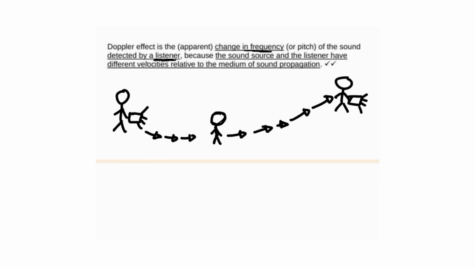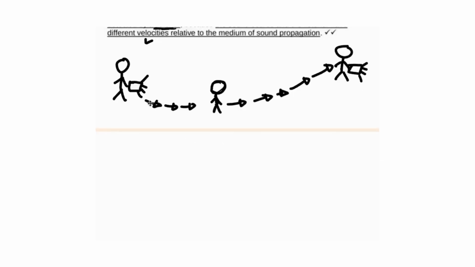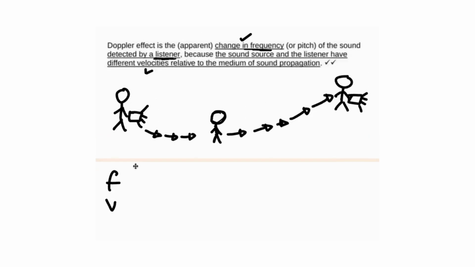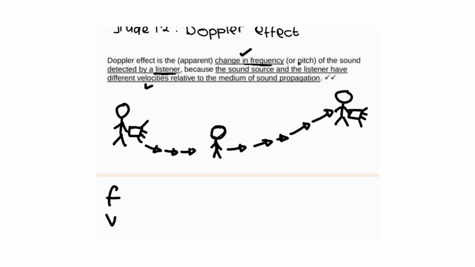And then now, because when we explain Doppler effect, we bring in frequency, we bring in velocity. So there's frequency and there's also velocity. The frequency we relate to pitch. Guys, pitch is just the highness of something; if it's sound, how high or how low the sound is. So pitch is the highness or the lowness, in this case, of the sound that is being emitted by the source.